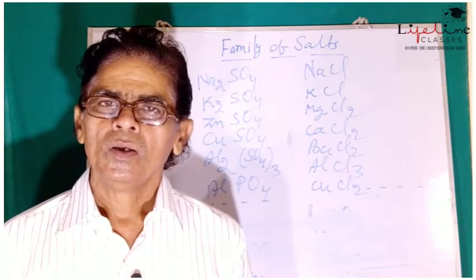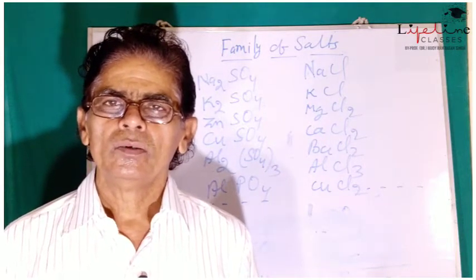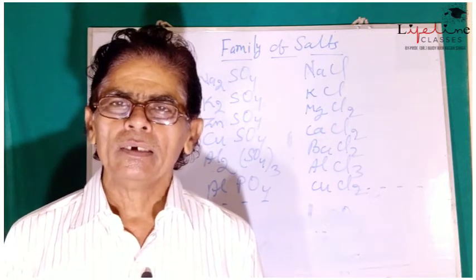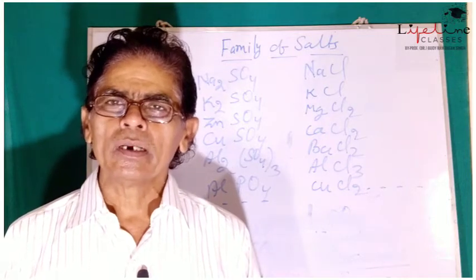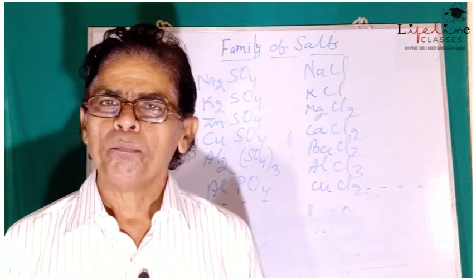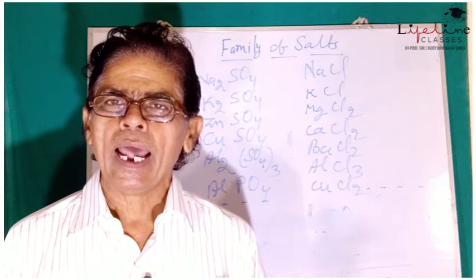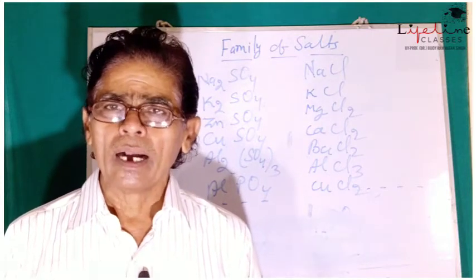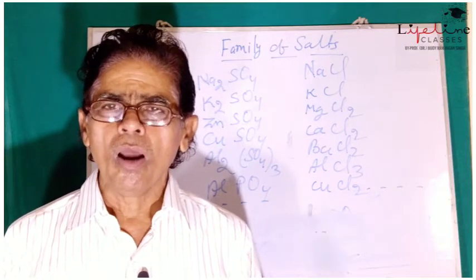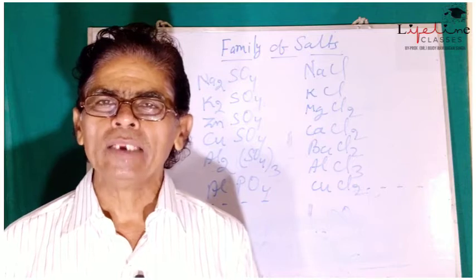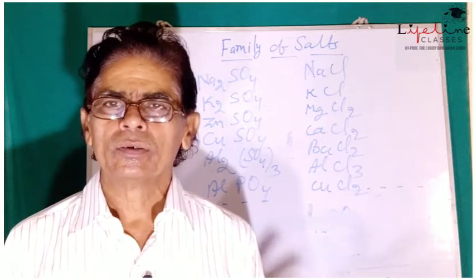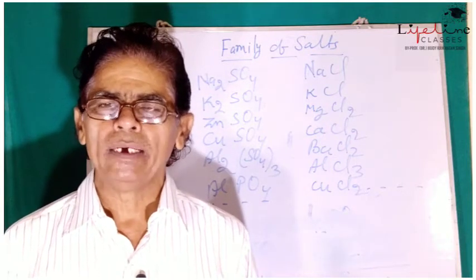I think you already know that strong acids are those acids which, when dissolved in water or aqueous medium, get ionized completely. Meaning if you have taken 100 molecules of a particular acid, all the 100 molecules get ionized into the component anions and cations, just like sodium chloride.